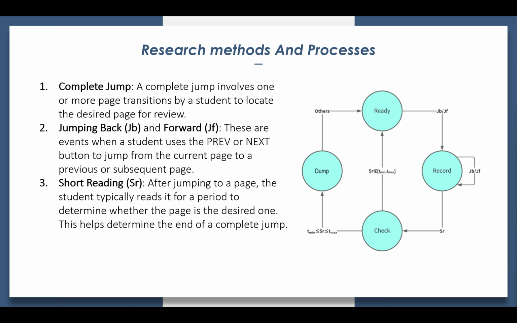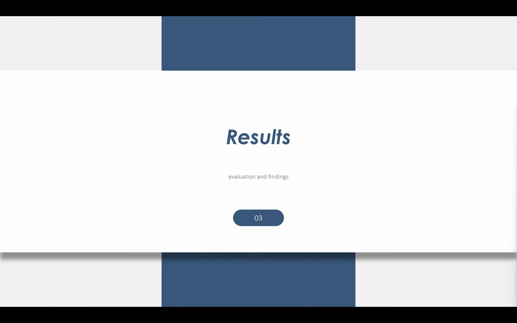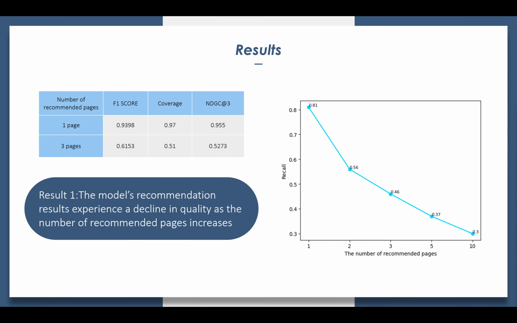The more complete jumps are mined from the records, the stronger the relevance between these two pages. Finally, by combining the similarity between pages and the relevance between pages mined from the records, we can provide jump recommendations for each page. Next are the results of this study.